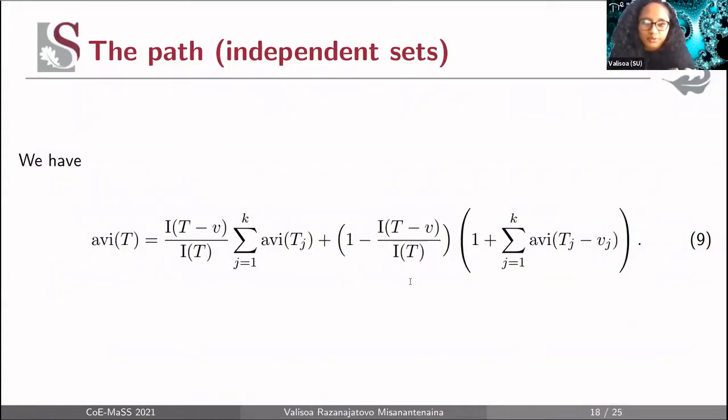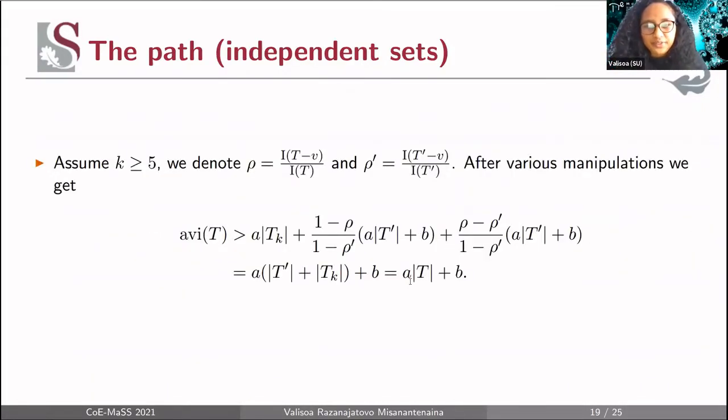We have the following equation for the average size of independent sets of T. You can use the recursions we had before to get to that.